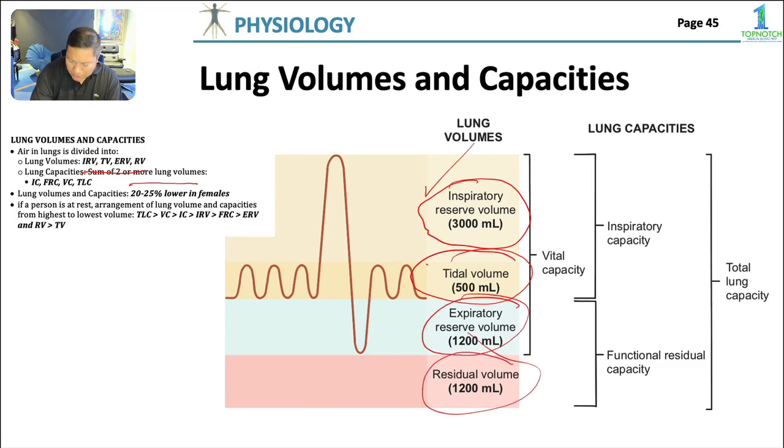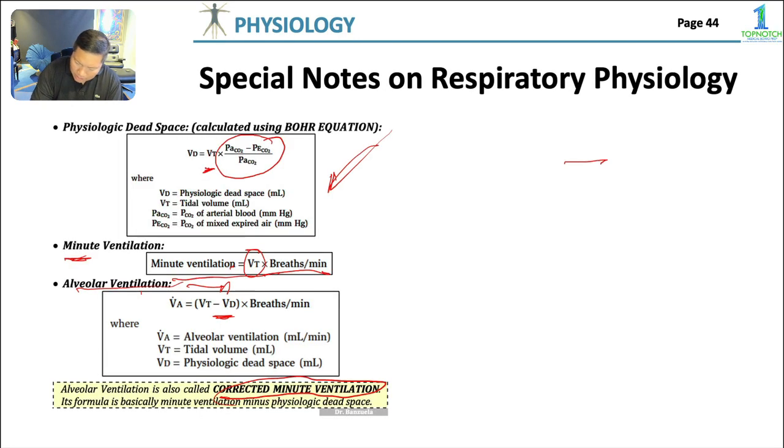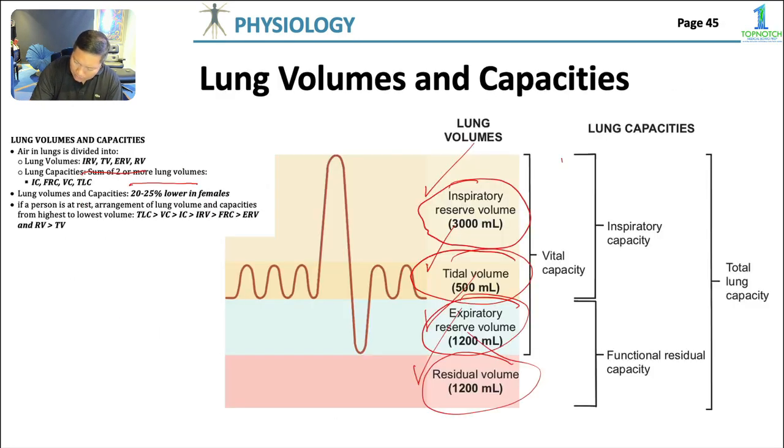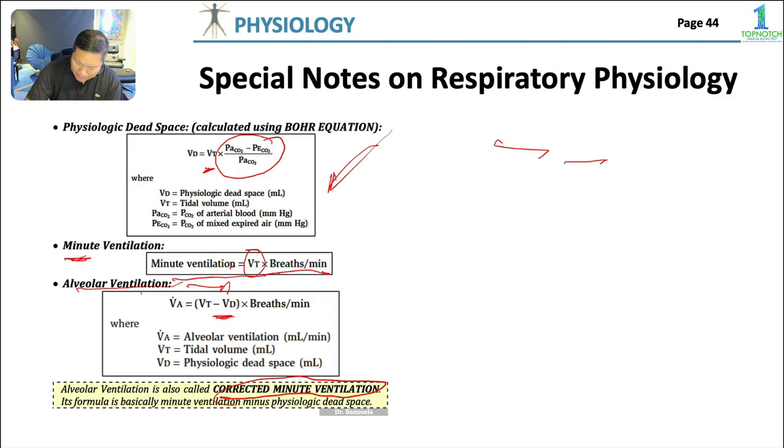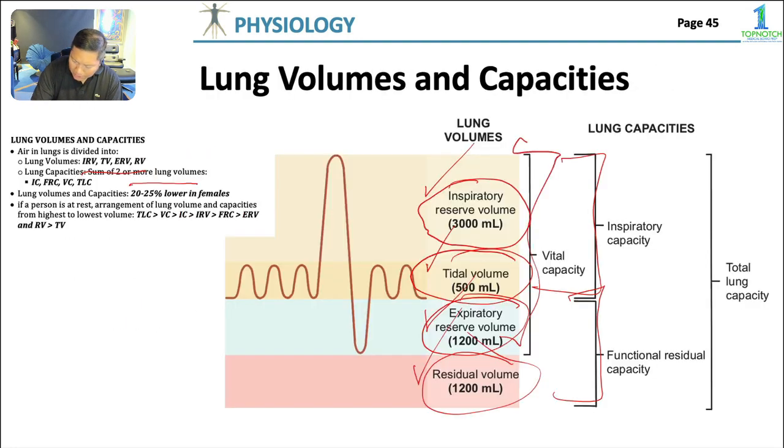Inspiratory reserve volume, tidal volume, expiratory reserve volume, residual volume. Okay? We have 4 lung capacities. Inspiratory capacity, functional residual capacity, vital capacity, the sum of the upper 3, and then total lung capacity.